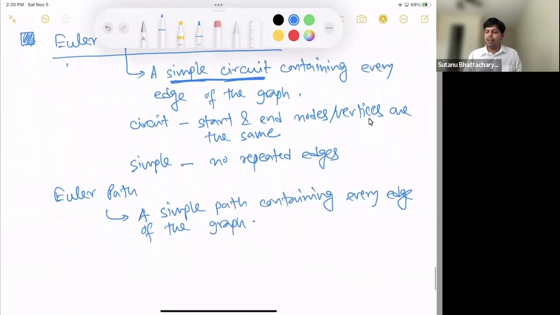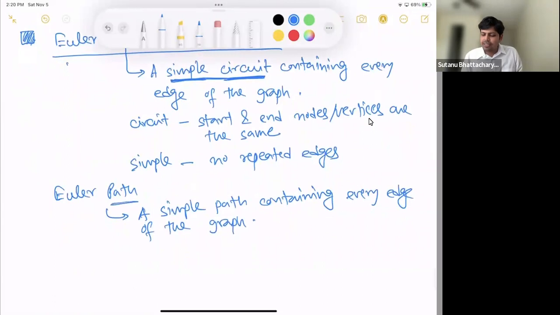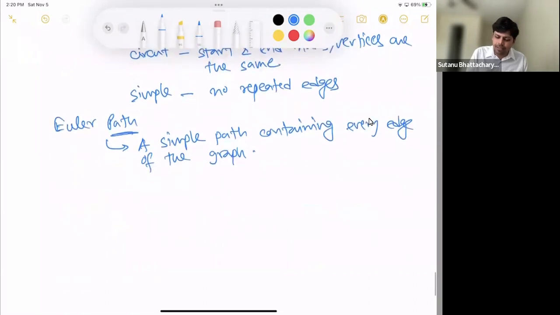That is Euler path. So it's a path, not circuit. That means your starting point may not be the same as your end point. So it's not that when you have started your journey, you have to end your journey at that point. No. So that's the difference between circuit and path. So let's take an example to understand these two concepts.